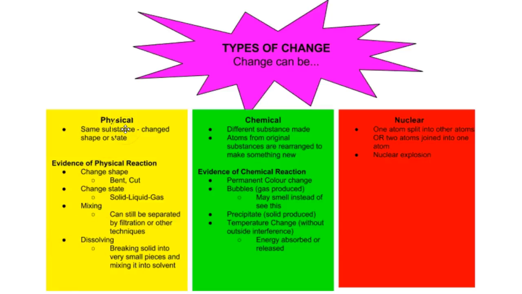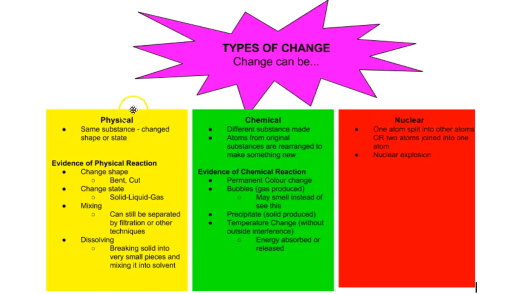So at the very beginning we talked about the difference being that physical changes are where you have the same substance, it's just changing shape or it's changing state, but it's still the same substance. So water can go to ice, can go back to water. It actually hasn't changed the chemical that's in that water. It's still H2O. It's just in a different state.